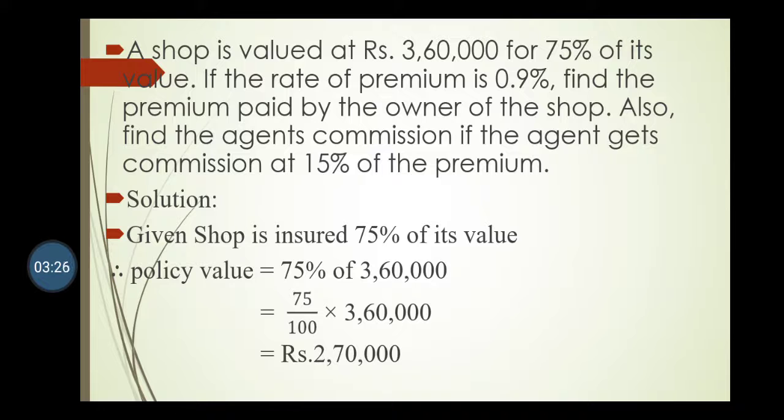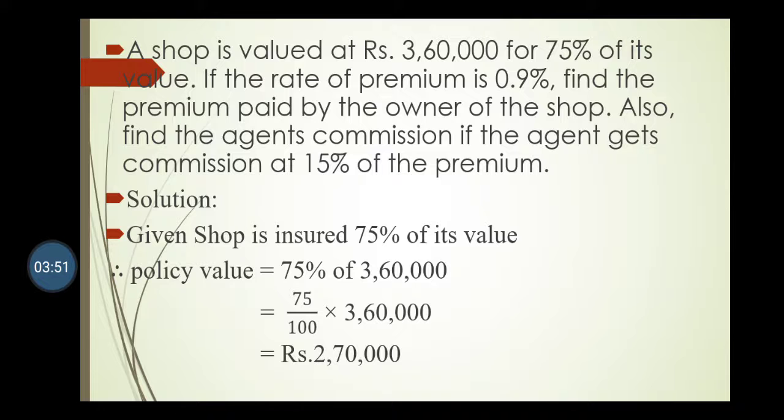Here, the given shop is insured for 75% of its value. As the policy value is 75% of property value. In this case, the property value is 3,60,000. So policy value will be 75% of 3,60,000.